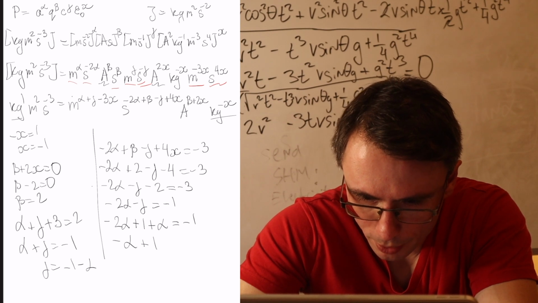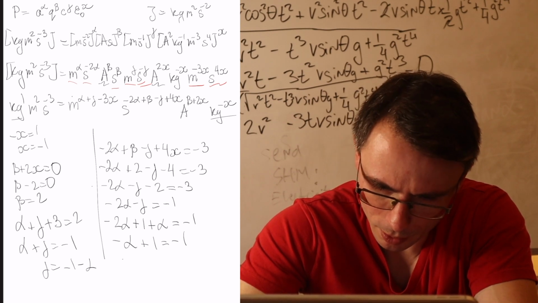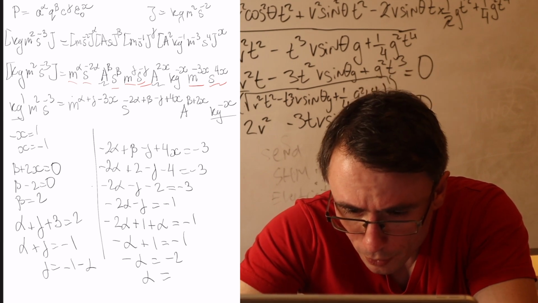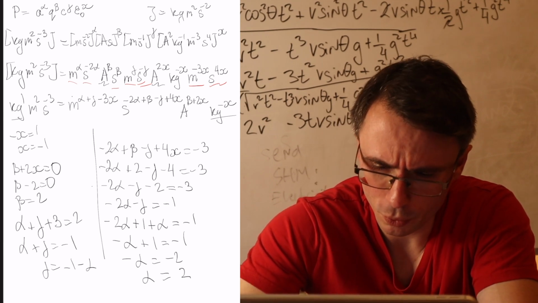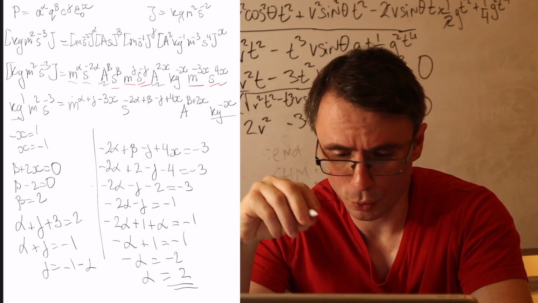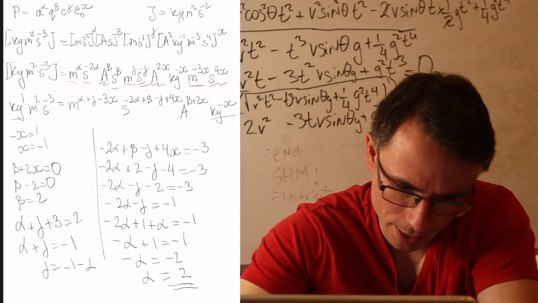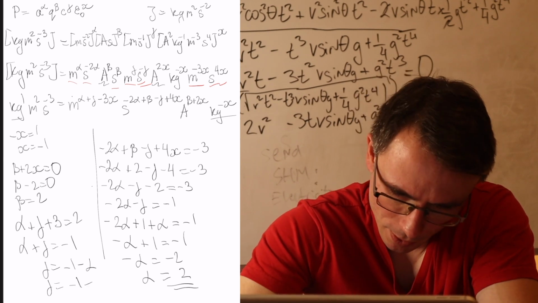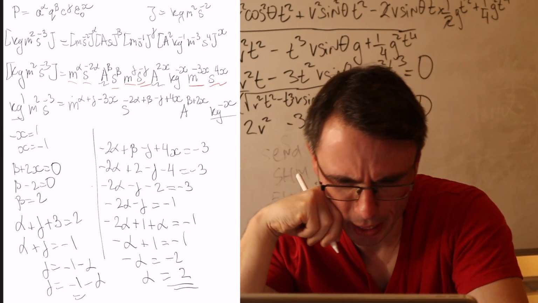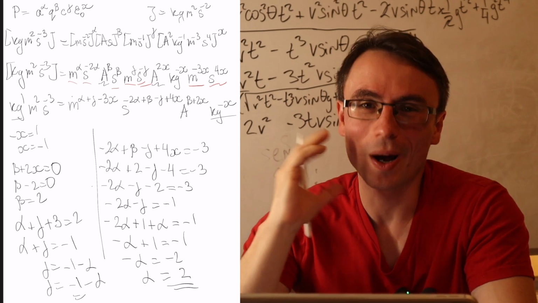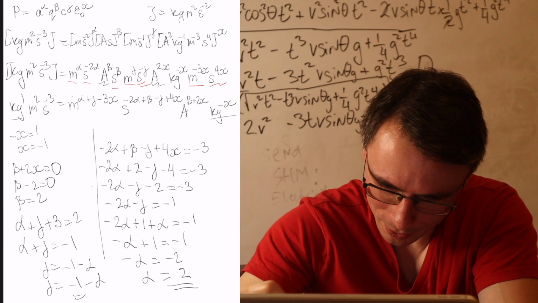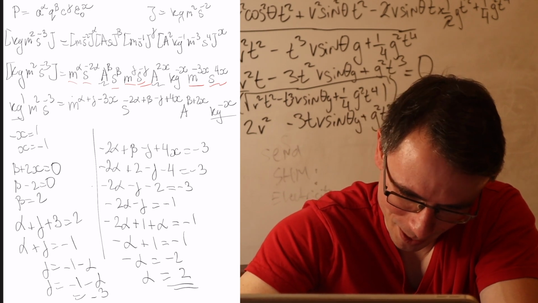Plus 1 is equal to -1, so minus alpha is equal to -2. Alpha is equal to 2. If alpha is equal to 2, then gamma is going to be -1 minus alpha, which is, why am I so slow with basic arithmetic? -1 minus 2, which is going to be -3.